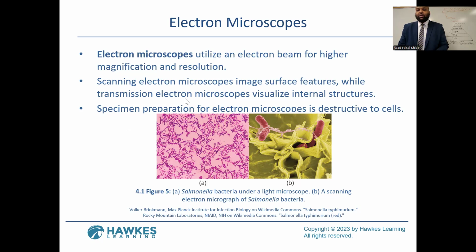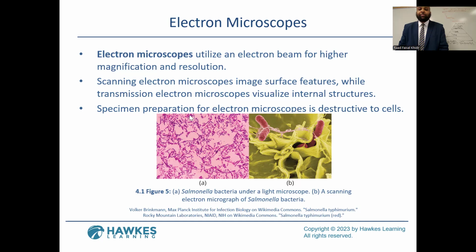There are two types of electron microscopes: the scanning electron microscope and the transmission electron microscope. The scanning electron microscope shows us the surface features, while the transmission electron microscope shows us the internal structure. That's why they call it transmission, because it goes through.